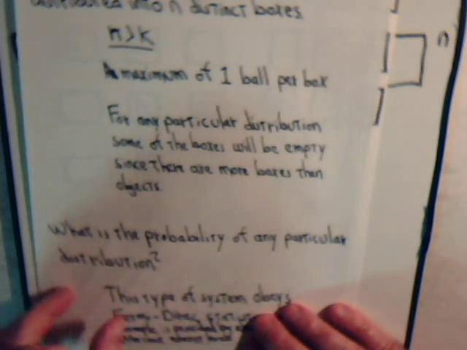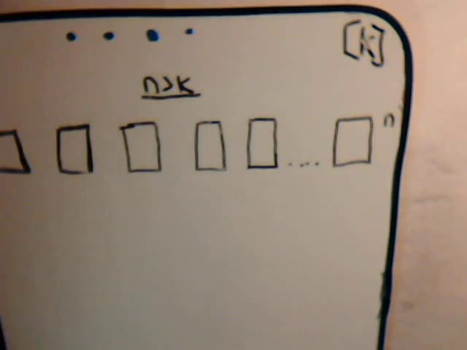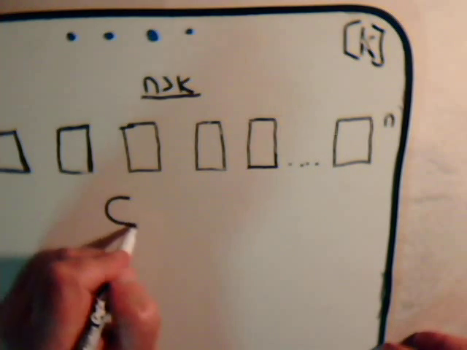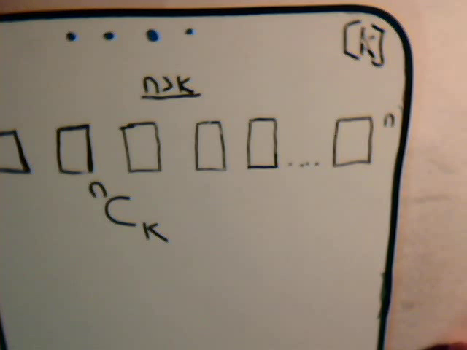Well, first of all, the number of ways that any distribution can occur is just one. So let's write this down: the total number of distributions in this case is C(n, k). We've just shown that.